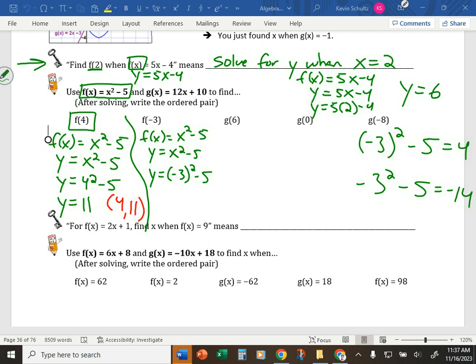Why would they be different? Because there's parentheses. And how does that change things here? Because it's -3 times -3. Right. What do parentheses do? They expand the base, right?